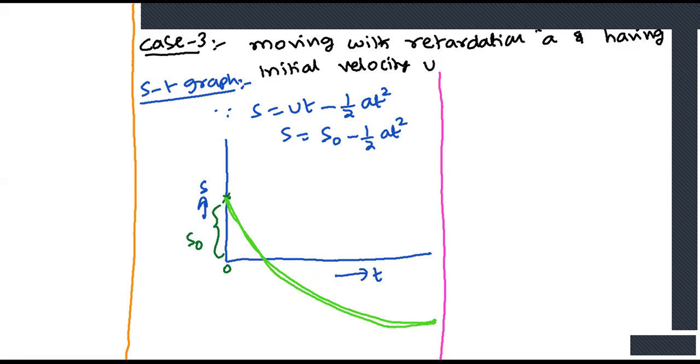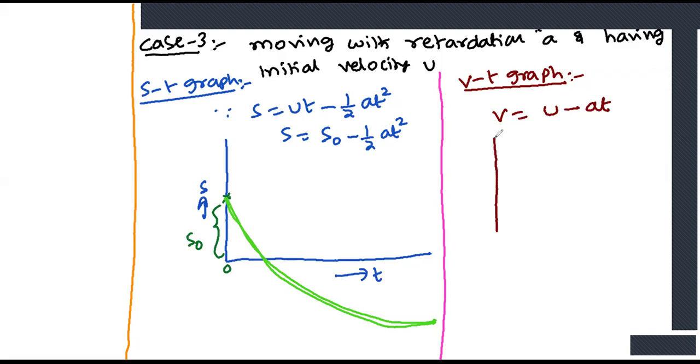Next, the VT graph. Since V equals U plus AT, here it is deceleration, so I'll write it as U minus AT.